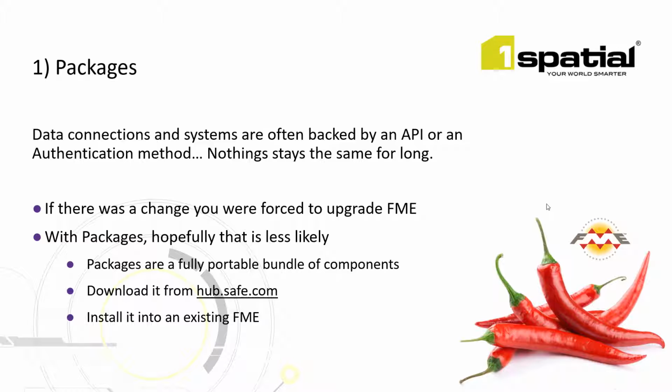Why they're important though, and what they contain, if we start with the first question, why they're important, because increasingly, FME is about connectivity. That means that we're not just talking about adding the odd format to FME every now and again, but there are a lot of tools like transformers that are connecting tools. If you go and search for connector in the transformer gallery, you'll find a series of transformers for connecting out to external data sources.